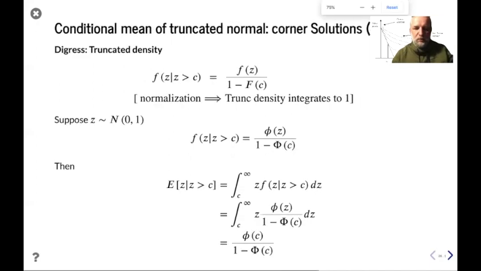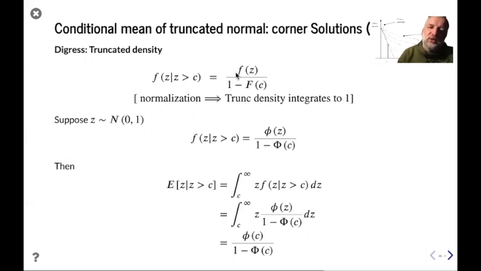I'm zooming out a little bit so you can see the last one. We now want to calculate the conditional mean of a truncated normal. So here's a truncated density, and that's what we're going to look at. We need to calculate the mean of a variable that has this density.